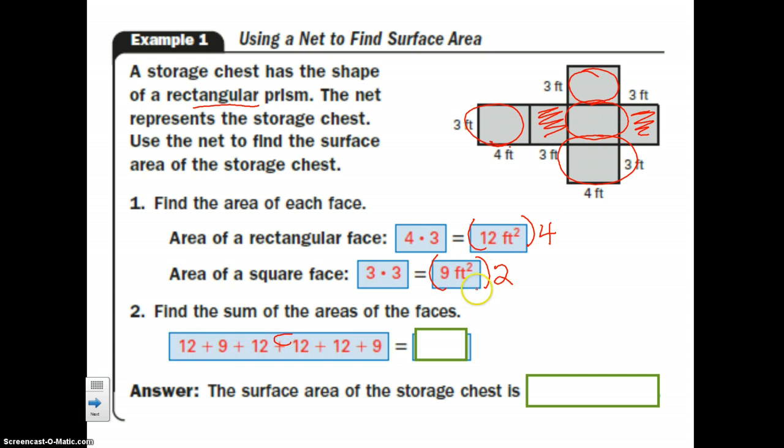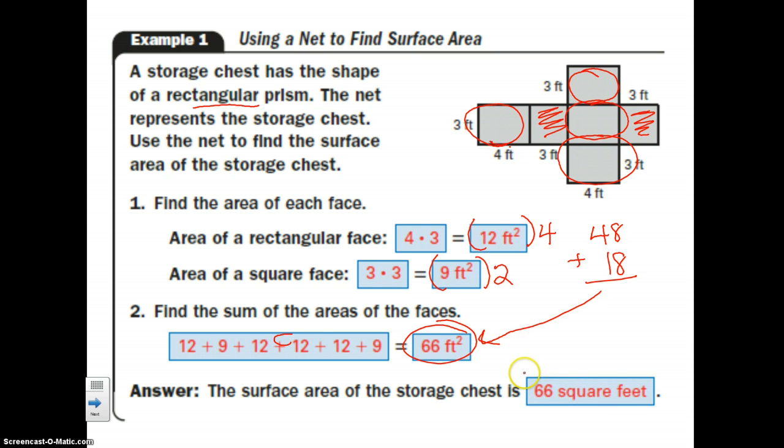So 4 times 12 is 48, plus 9 times 2 is 18, and that's where you get 66 feet squared. That is the surface area of the storage chest. Remember, area is always squared.